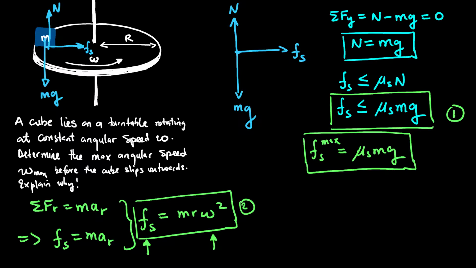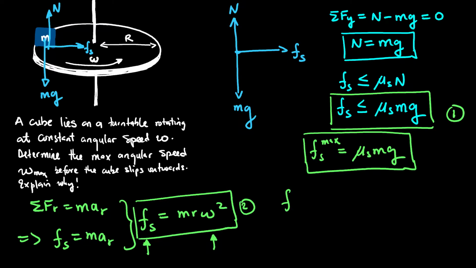Hence, if we continue to increase omega, there will come a point in which the centripetal force required is greater than the maximum static friction. When that is the case, there will not be a sufficient force to compel the cube to move in a circle. At that particular point, it will skid outwards in a straight line in accordance with Newton's first law of motion.